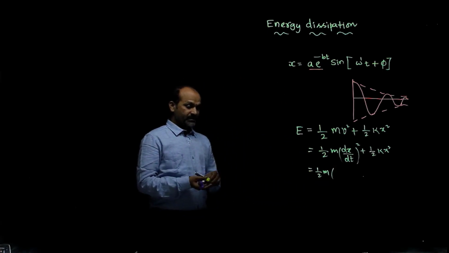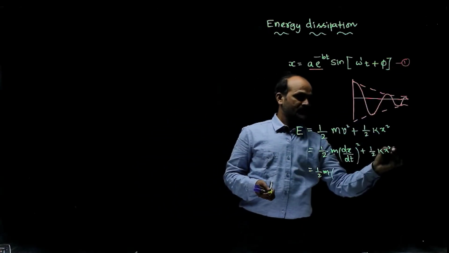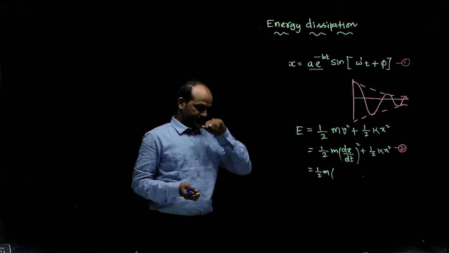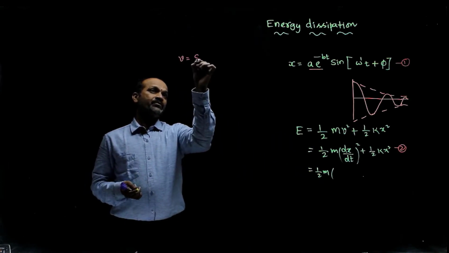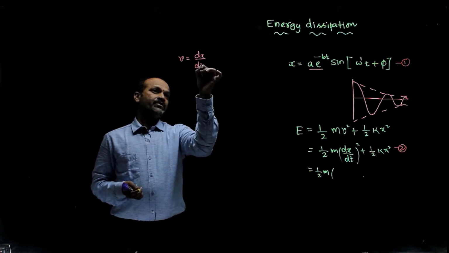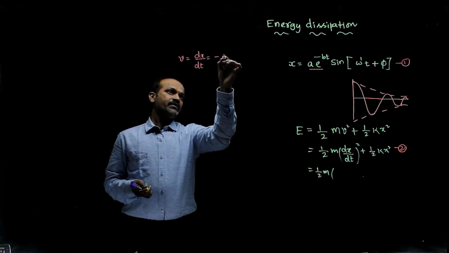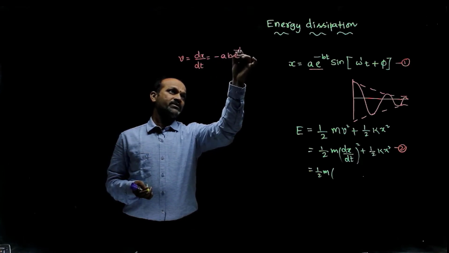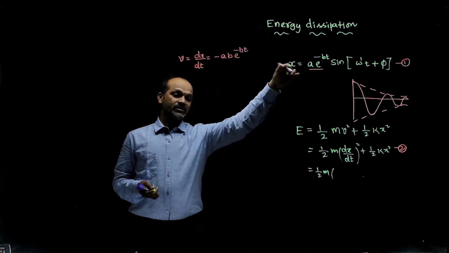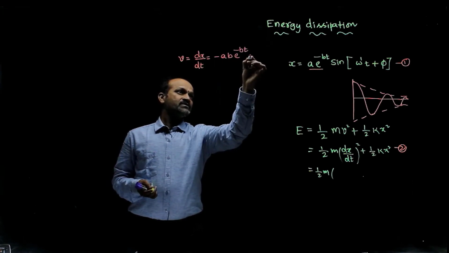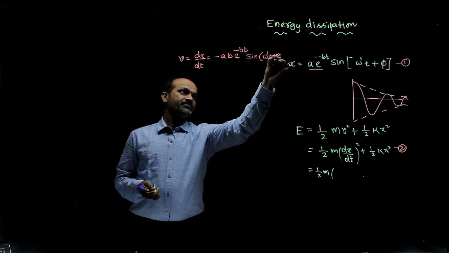Differentiating equation 2, the velocity dx by dt, we can apply the u into v method: a into e power minus bt, whose differentiation is e power minus bt into minus b, times sine of omega dash t plus phi.